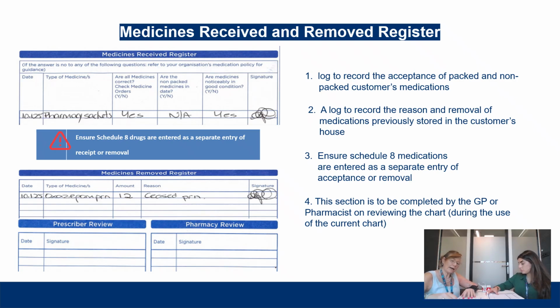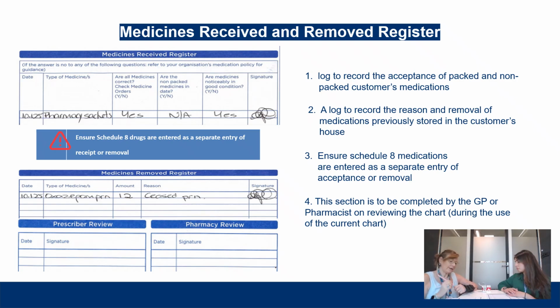Okay, then the next column is only to be used in the case of non-packed medicines like the eye drops. So she would have answered, are the non-packed medicines in date? Yes, they were. In the case of the vitamin D eye drops, she would have written down, are all medicines correct?